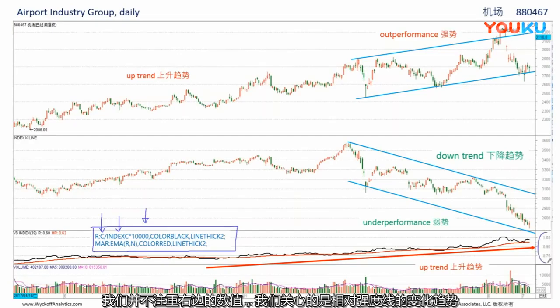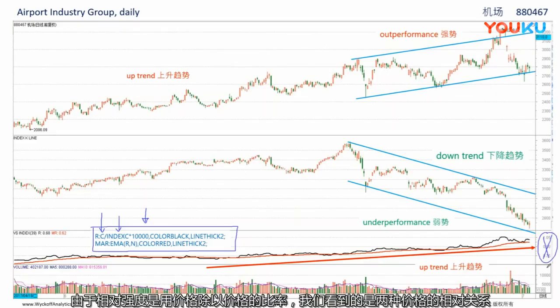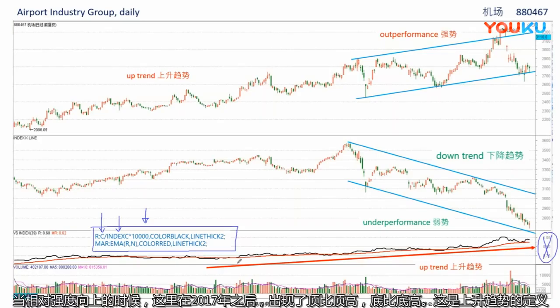We don't really care about the numbers here. They just don't mean a lot to us. What we care about is the understanding of the trends, relative trends. Because it's price over price, we're basically getting the measurement of the price on a relative basis for these two instruments.